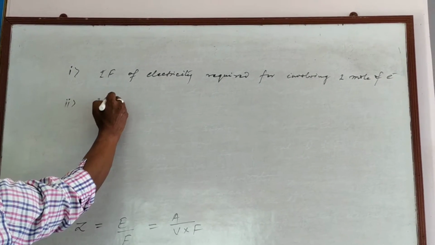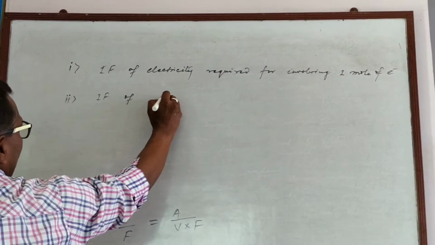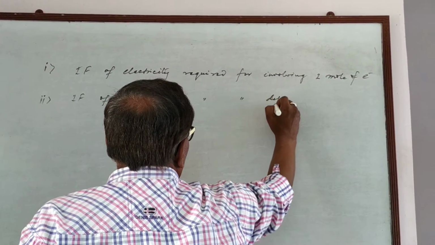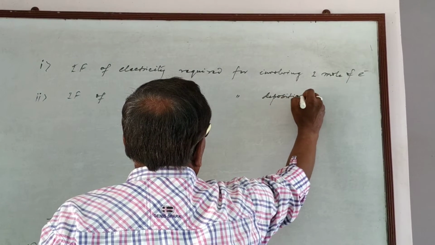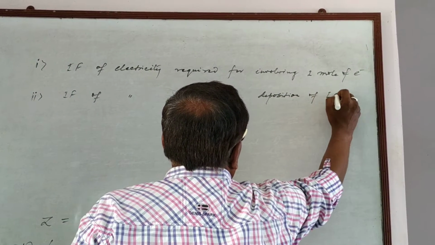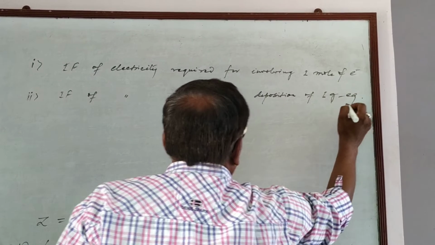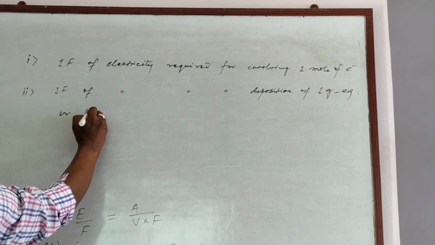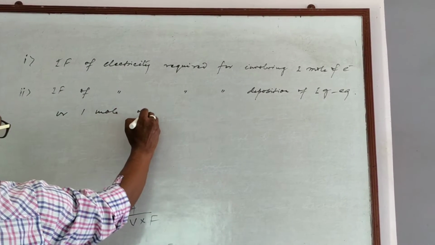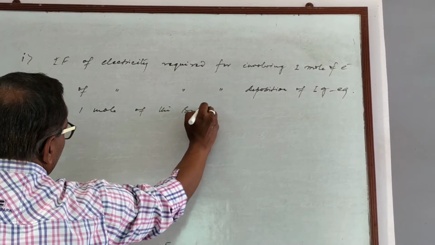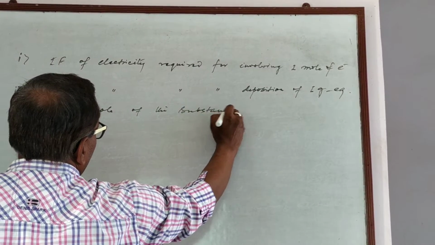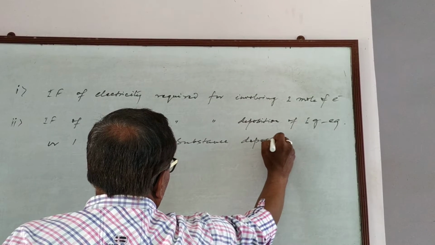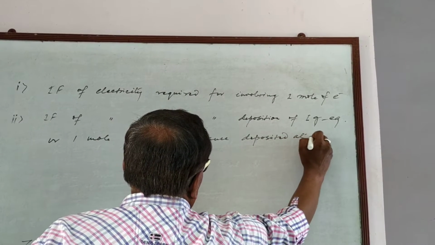Second point is: 1 Faraday of electricity is required for deposition of 1 gram equivalent, or sometimes 1 mole, of the substance deposited at the electrode.